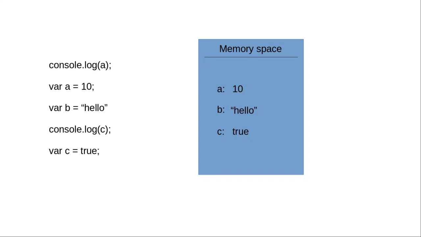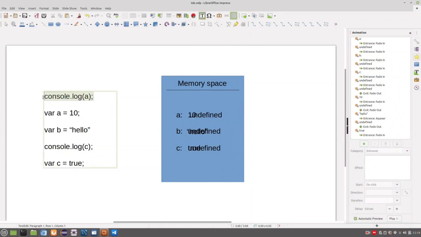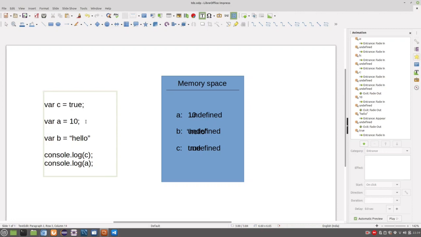Because of this two-phase execution, it gives a feeling that the variables have been moved to the top. I'll just show it quickly. It looks like all the declarations have been moved to the top.